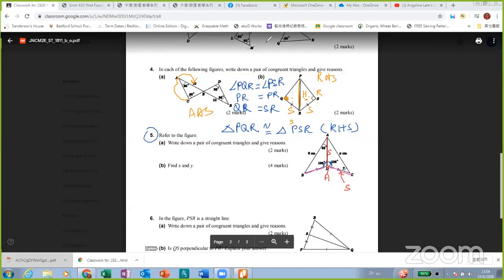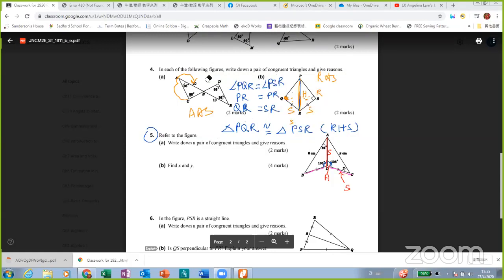If you look at the diagram here, this angle is unknown. You are not given the value of this angle. Now, how can we write the information that we have for question 5?